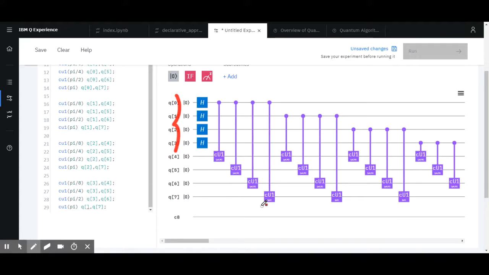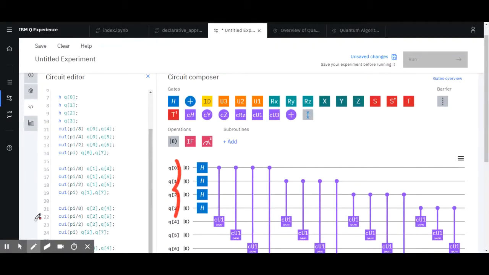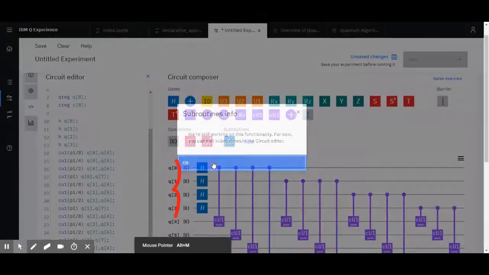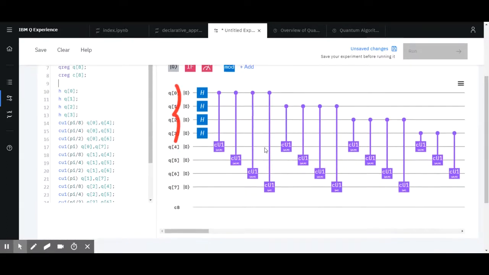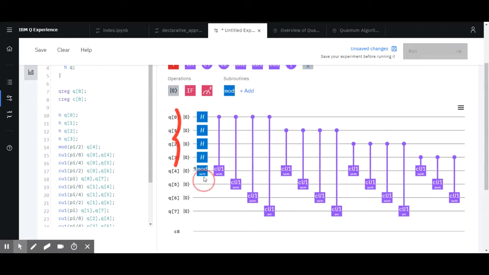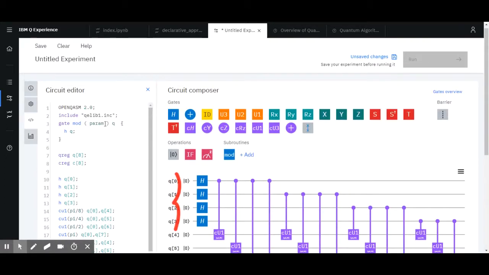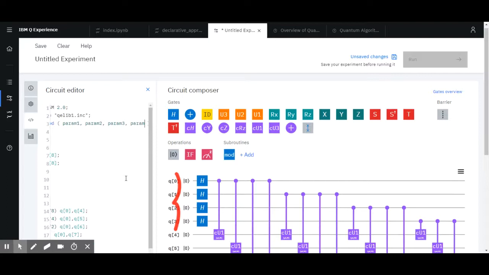So what you would do here is, let me make up that we have a subroutine, right? That is called, I don't know, U, or the mod thing, whatever. And it has param1, param2, param3, param4.